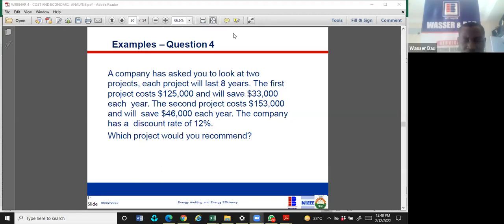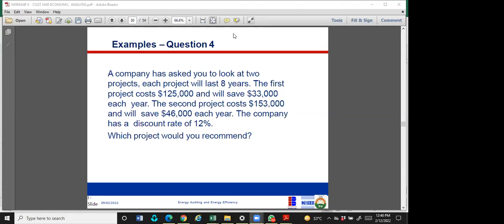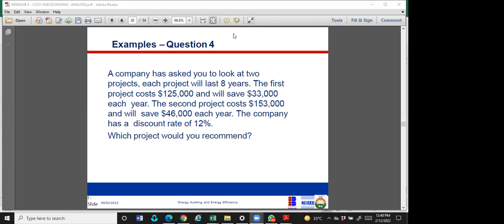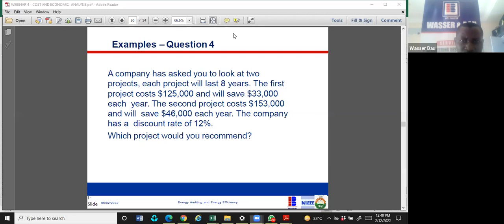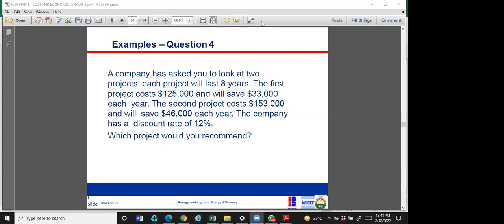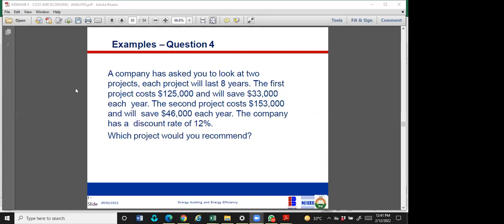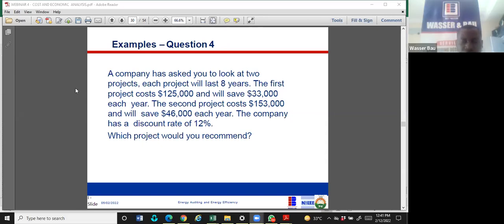The second project will cost 153,000 and will save 46,000 each year. The company has a discount rate of 12%. Which project will you recommend?